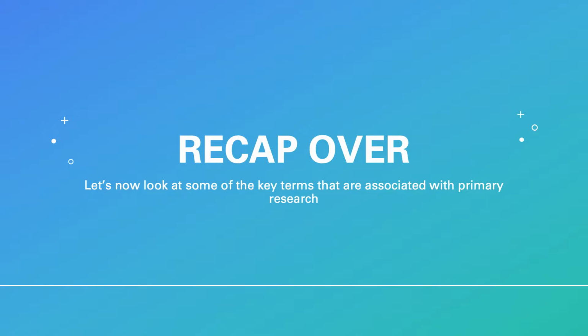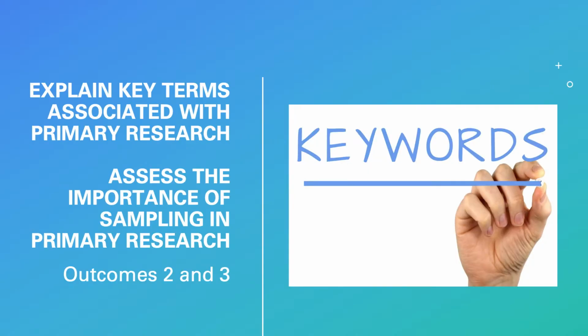I'm probably talking a little bit fast, but like I said, pause it as and when you feel the need to. So let's have a look at the key terms associated with primary research, and then we're going to move on to the final task, which is to assess the importance of sampling in primary research. So we're going to focus on outcomes 2 and 3.